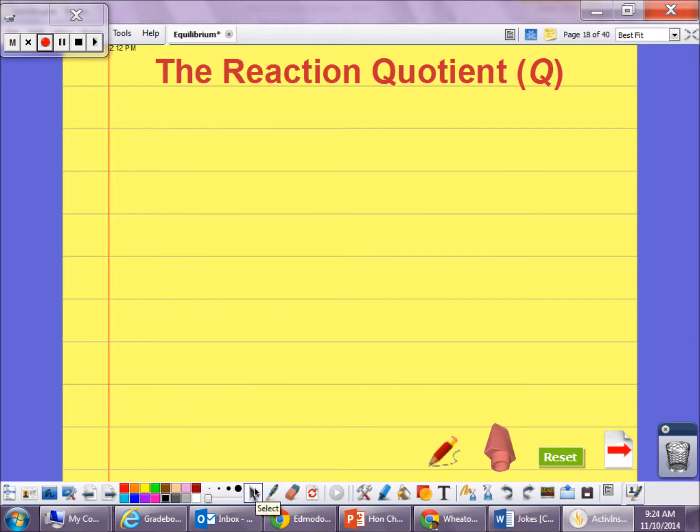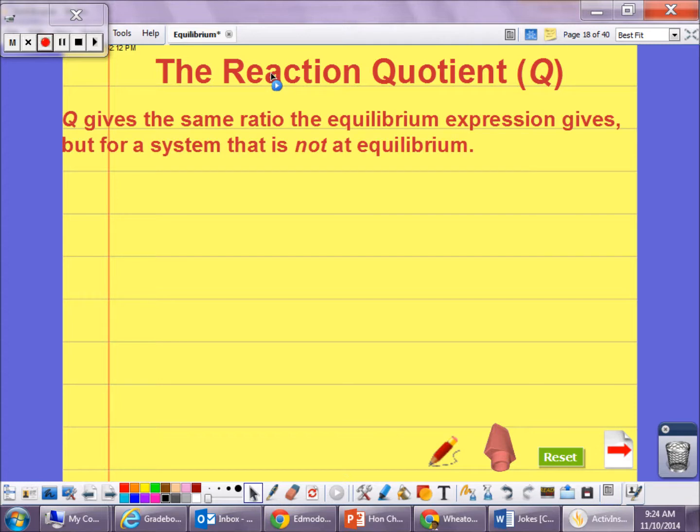All right, the reaction quotient. We had discussed this before. Okay, let's review. The reaction quotient is the exact same thing as K, except it is at any other time that is not at equilibrium. Q gives the same ratio of the equilibrium expression, but the system is not at equilibrium. Any initial concentration, or any other time that is not equilibrium.